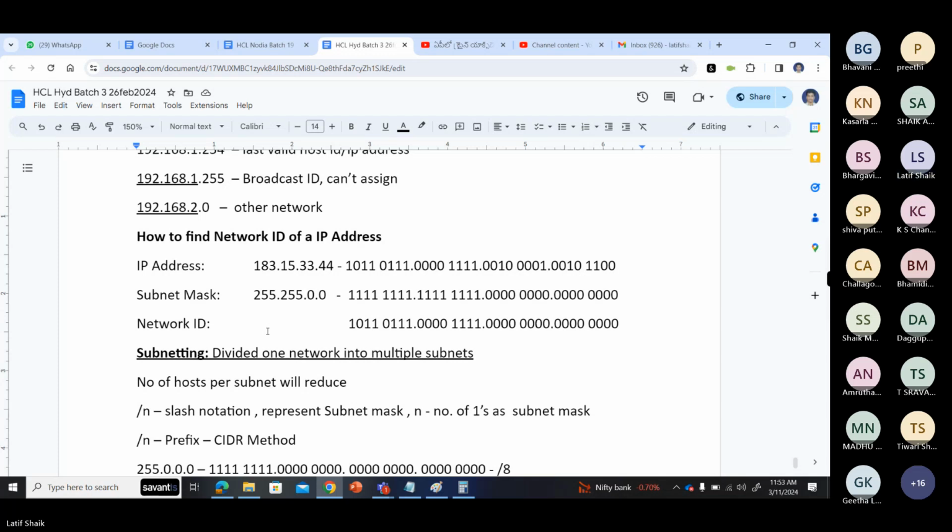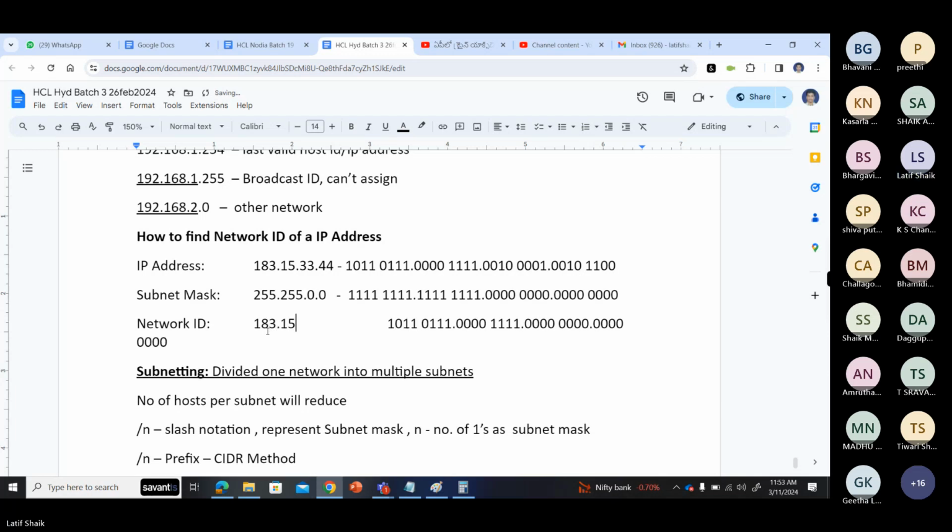No, no, no. 176 plus 7 is 183. So 183 only. That is 15, we know that one. The remaining is 0.